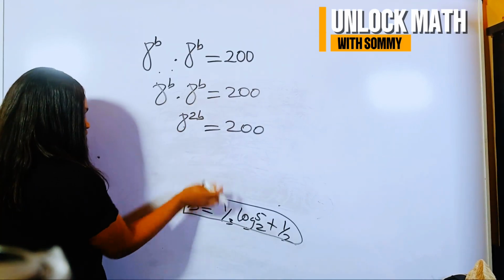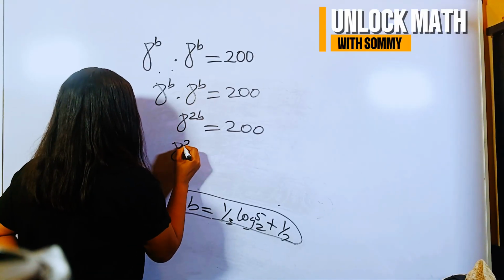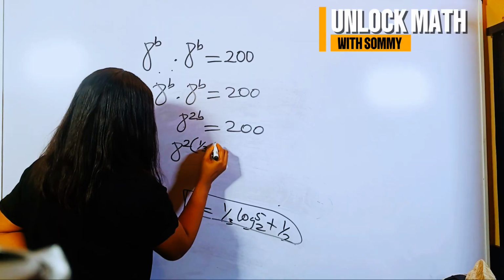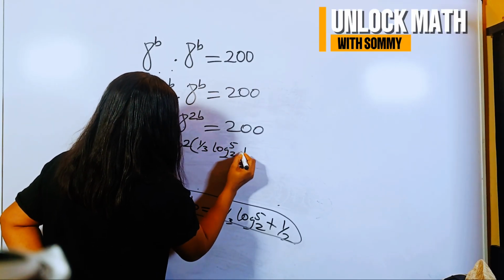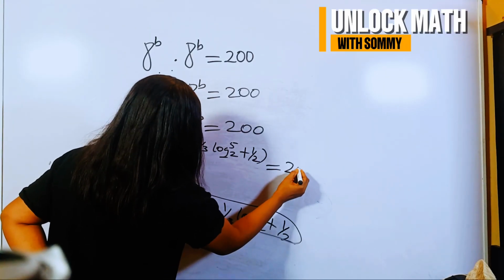Therefore, we now have 8 raised to our 2b, which is 1 over 3 log 5 base 2 plus 1 over 2, will give us 200.